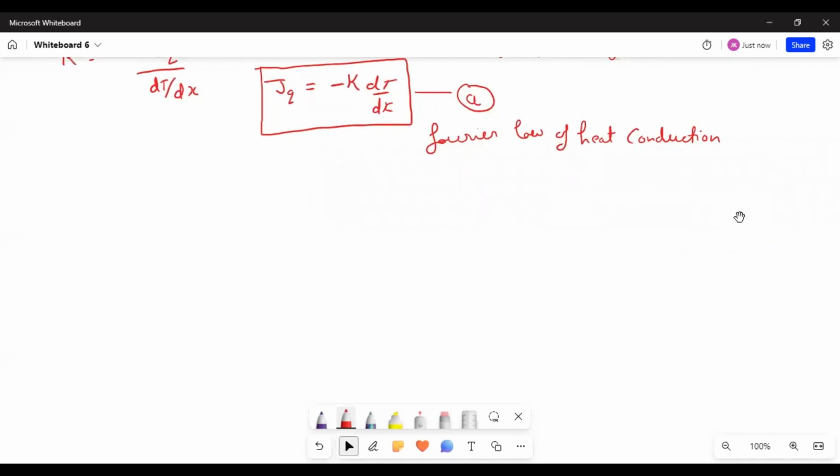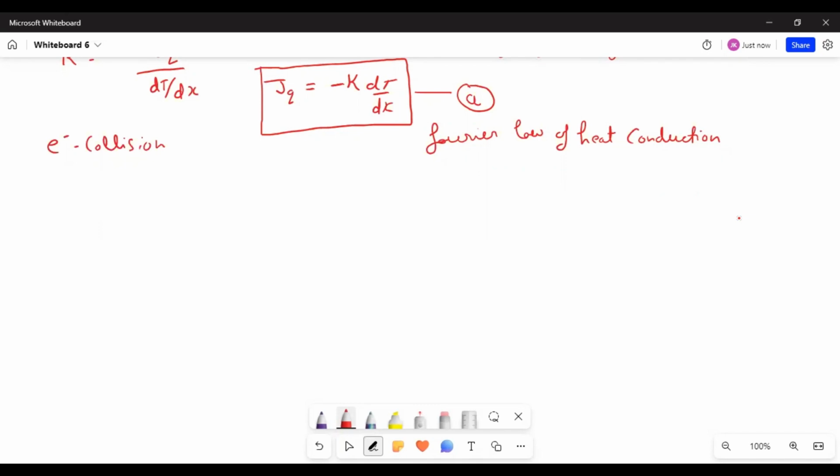Now let's move further and develop thermal conductivity in more detail. In our case, we are considering that heat is transferring through electron collision. This is the main component that has led to transfer of heat from the hot end to the cold end.